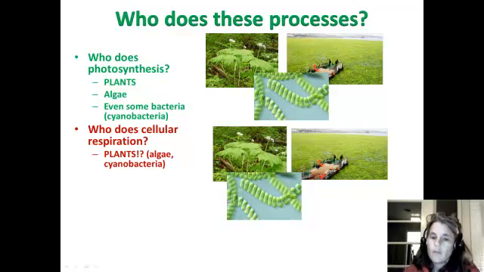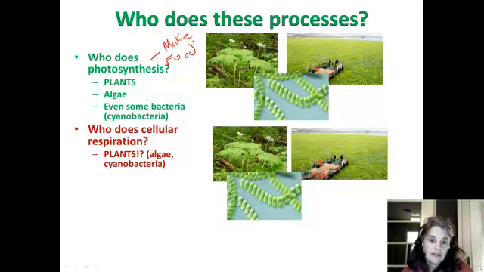Because why? What are we doing in photosynthesis? In photosynthesis, we are making food. But in cellular respiration, we are breaking down food. So essentially, in this step, the plants, the algae, the bacteria, whatever, make their own food. They make the sandwich.